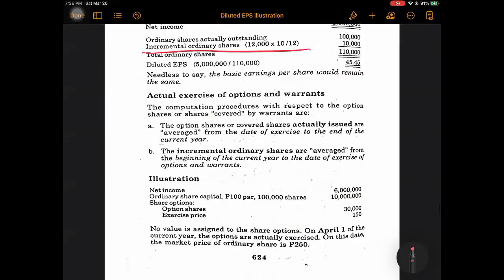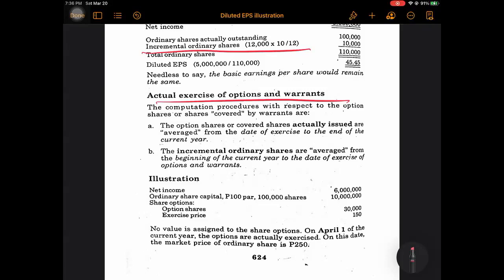Also, if there is actual exercise of options and warrants, your basic earnings per share changes, because there is actual issuance of additional ordinary shares.